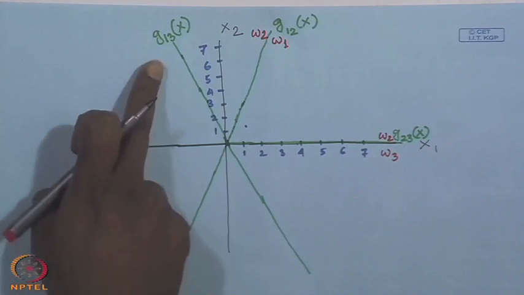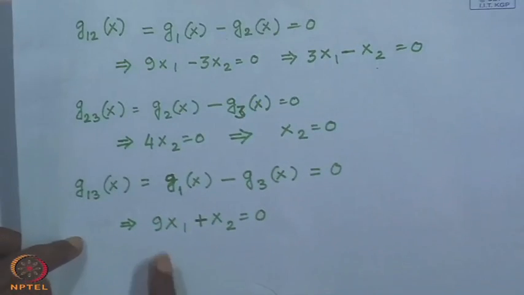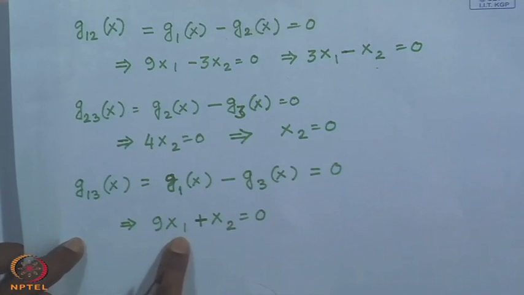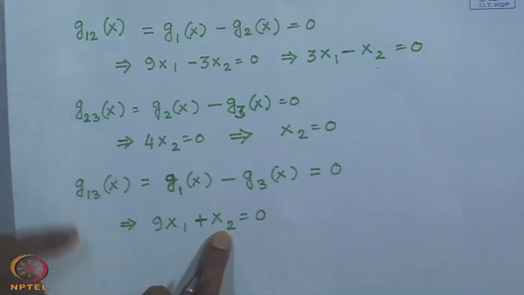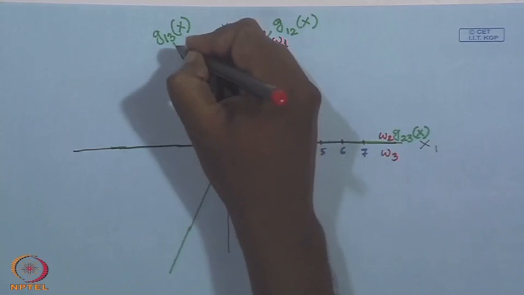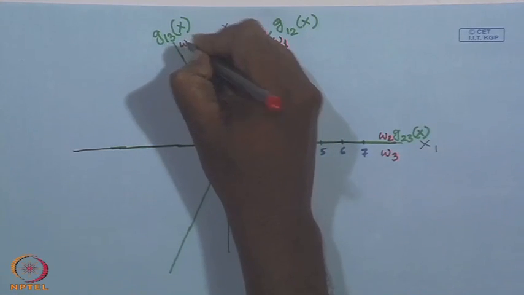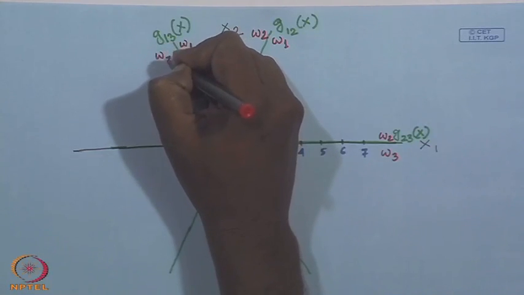Similarly, when you consider this G13(x), you find that G13(x) is nothing but 9x1 plus x2. So, if I set x1 equal to 1, x2 equal to 1, this is nothing but 10, which is positive. So, coming to this G13(x), this side of the decision boundary gives me class omega 1 and this side of the decision boundary gives me class omega 3.